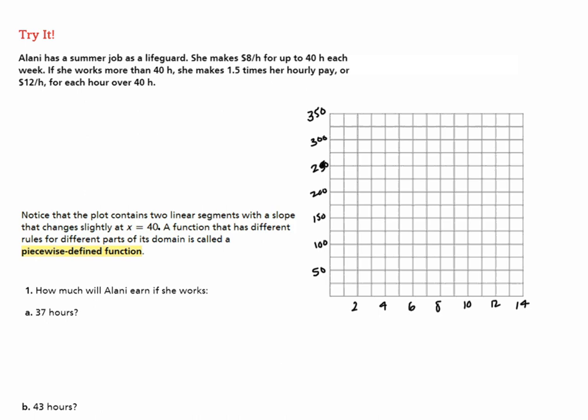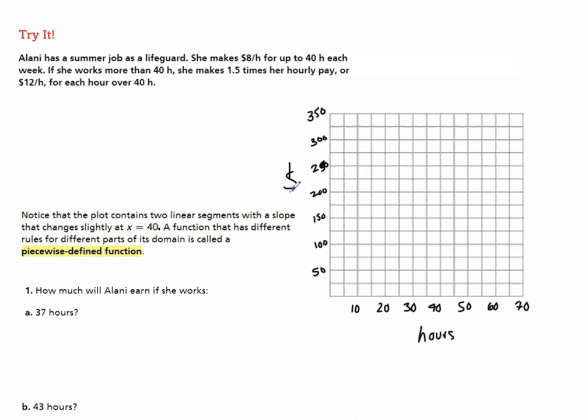I'm first going to graph this equation. She makes $8 per hour for up to 40 hours. Okay, so let me label this graph here. I labeled these wrong down here, so let me erase that. Let's go up by hours worked. Let's go up by tens. 10, 20, 30, 40, 50, 60, and 70 hours.